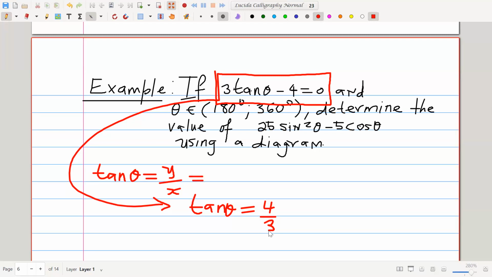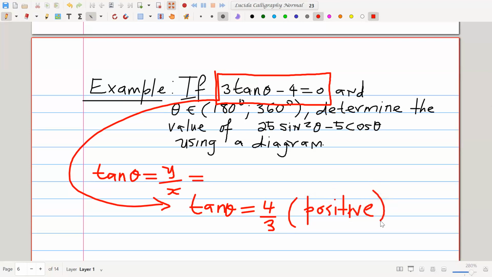Now we are given that in this case tan is 4 over 3. This simply means, first of all, that tan gives you a positive result. So this value is positive.